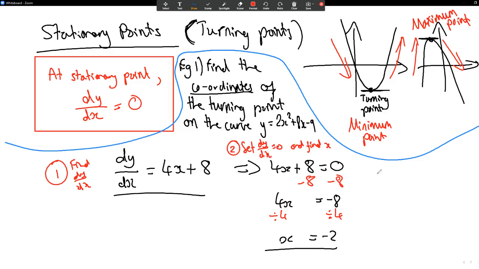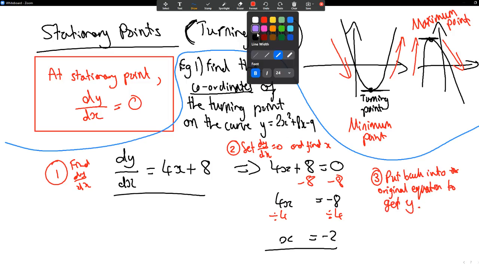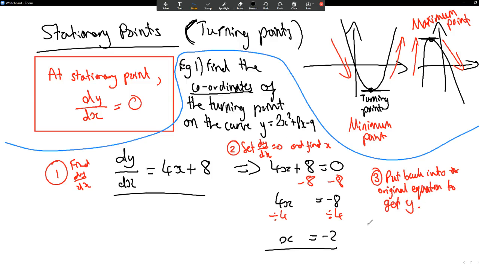And then step 3 is to put it back into the original equation to get y. So we have our x value here, and we know that this is true from the question.